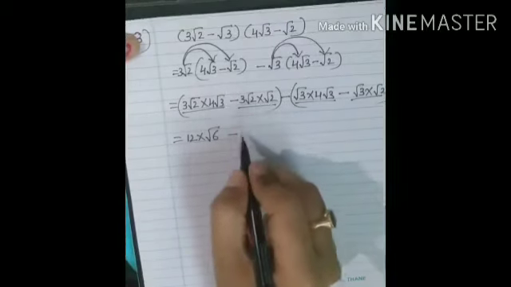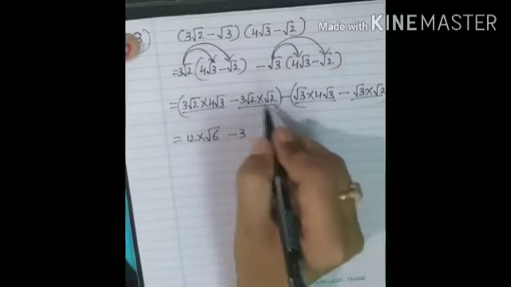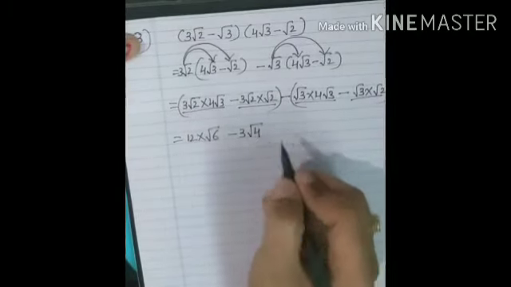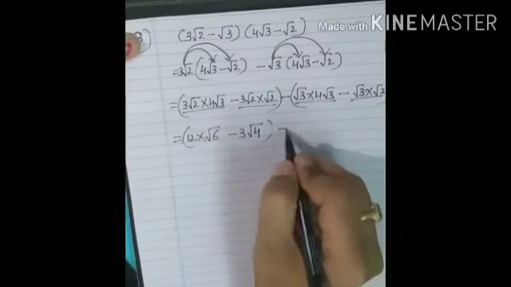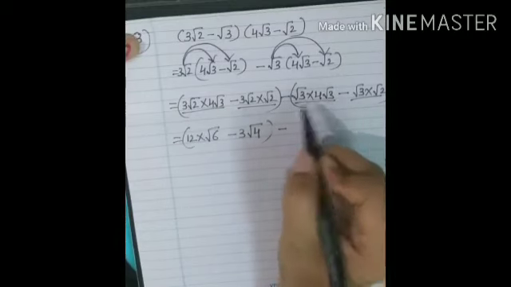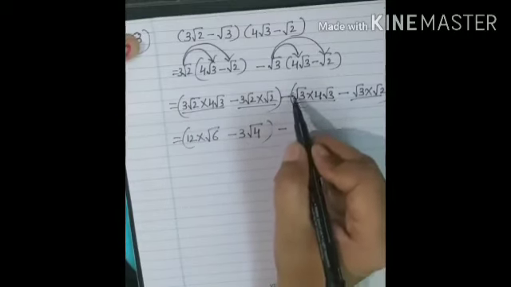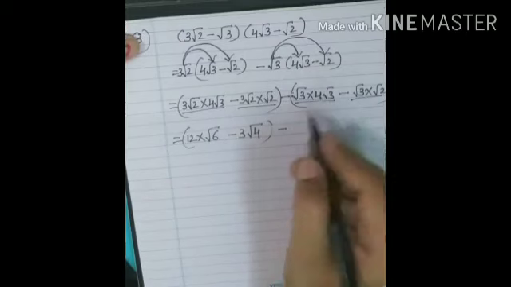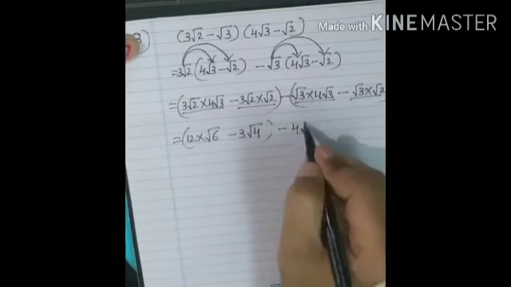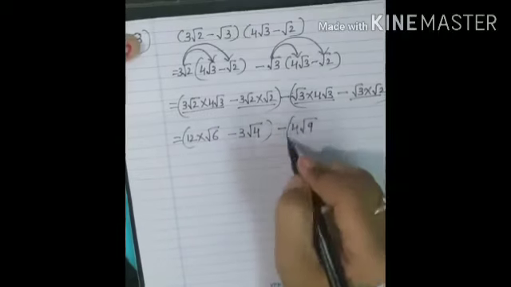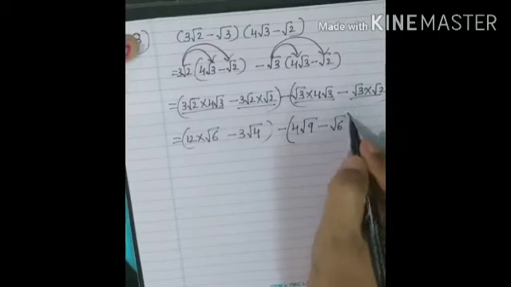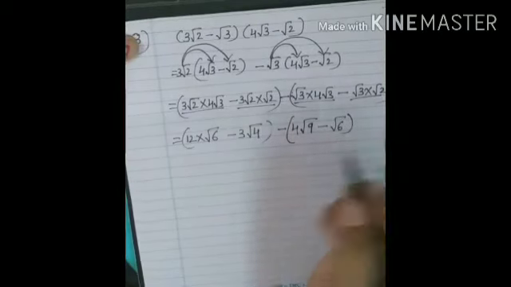So 3 1s are 3. Now 2 2s are 4. So 4. Okay children, close the bracket and here minus. Now here coefficient nothing is there but here what is there? 4. So nothing means, what I told, it always occupies 1. 1 into 4, 4. Now under root what is there? 3 and 3. 3 3s are 9. Minus. 3 2s are 6. Close the bracket. Okay children.